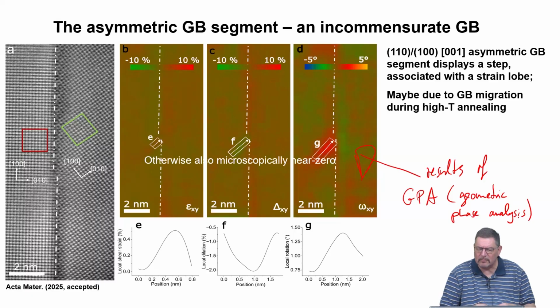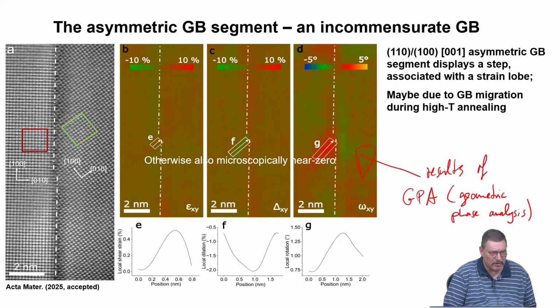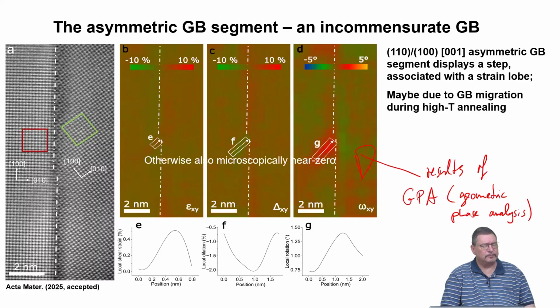I think Professor Shankaran will explain to you in one of his upcoming lectures how this works. It's basically a high-resolution transmission electron microscopy-based method because you create a lattice image, like on the left side here.